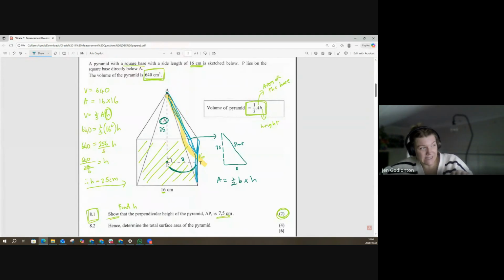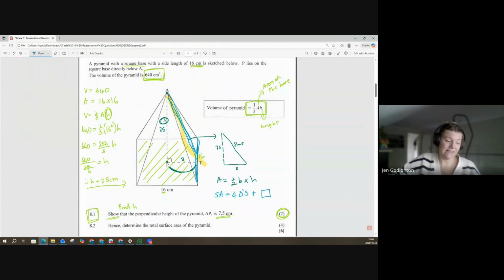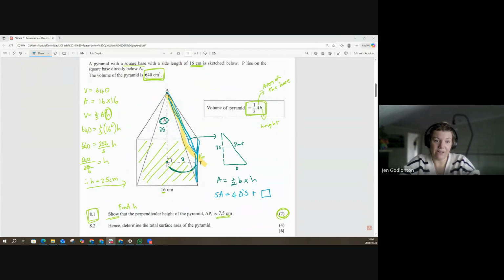So we need that slant for the height of our triangle. And we've got 4 triangles. So when we're looking at our surface area here, we've got 4 triangles, and then we've got the 1 square at the bottom. So that is the help that I am giving you. Those are my hints. Let's see if you can try and figure out how to work out those 4 marks.